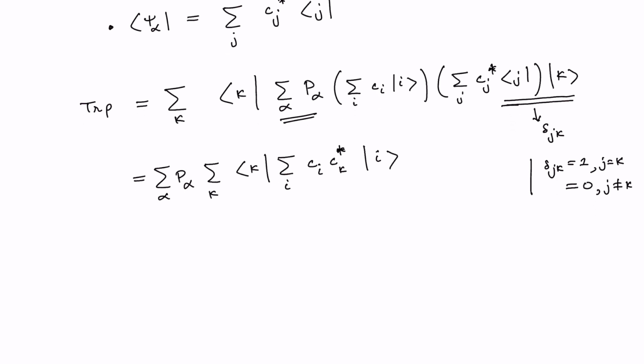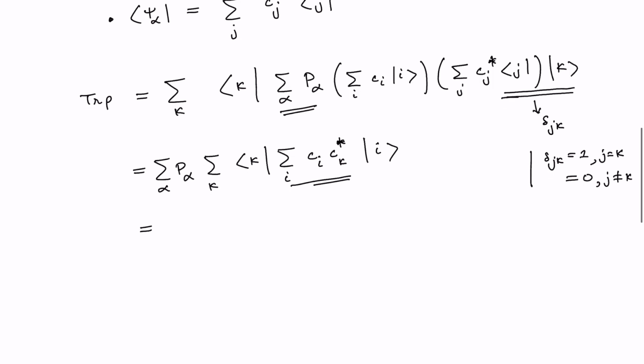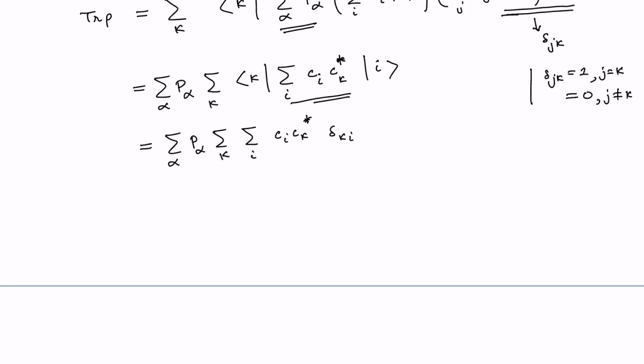Now again you see these are just numbers ci and ck, so I have the scalar product of k and i, that's going to give me delta ki. So I will now have sum over alpha p alpha, sum over k, ci ck star, and this scalar product of k and i gives me Kronecker delta ki.